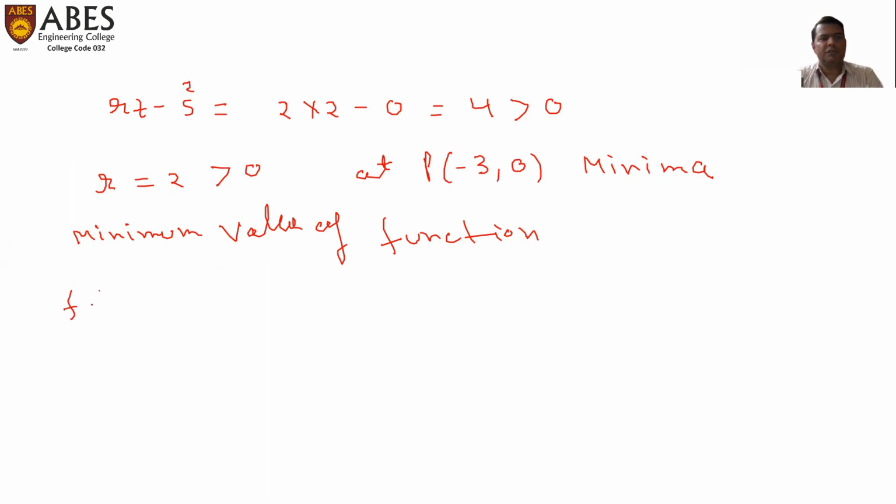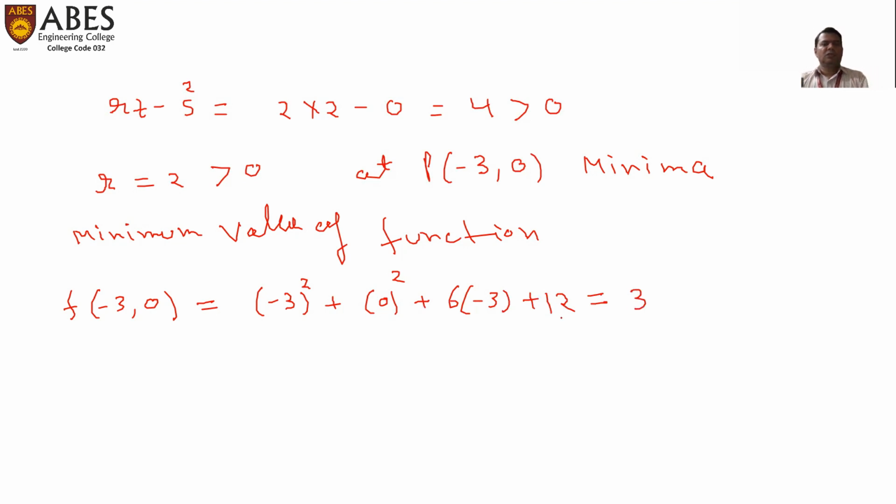Then the value of the function at the point minus 3, 0 equals x square plus y square plus 6x plus 12, which is 3. So this is the minimum value of the function at the point minus 3, 0.